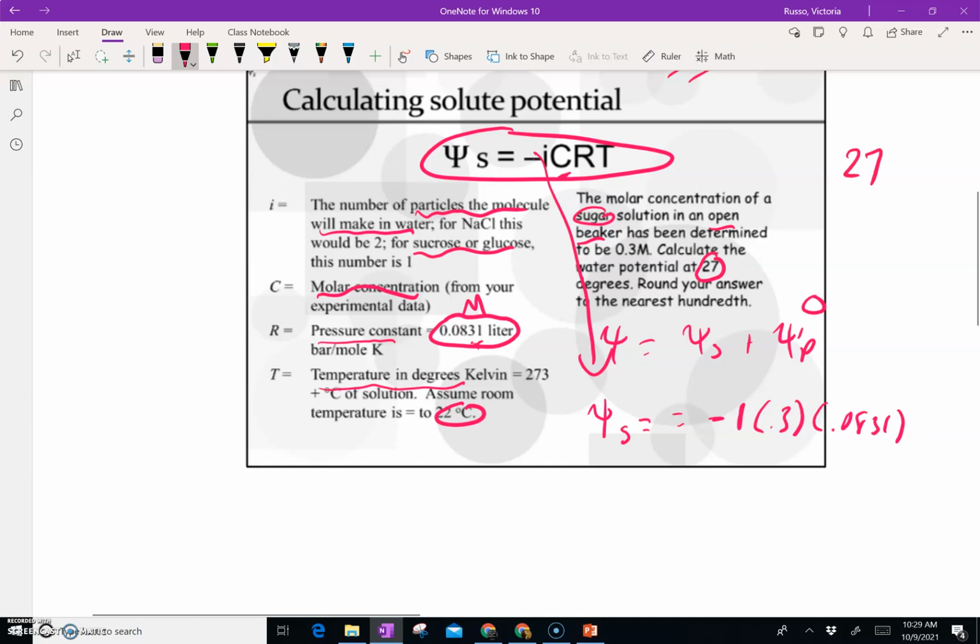So 273 plus 27 is 300. And then you put this all into your handy dandy calculator and multiply them all together, and you get negative 74.79. And remember, the units are megapascals. And since the pressure potential is 0, that goes in there, and this is also the water potential.